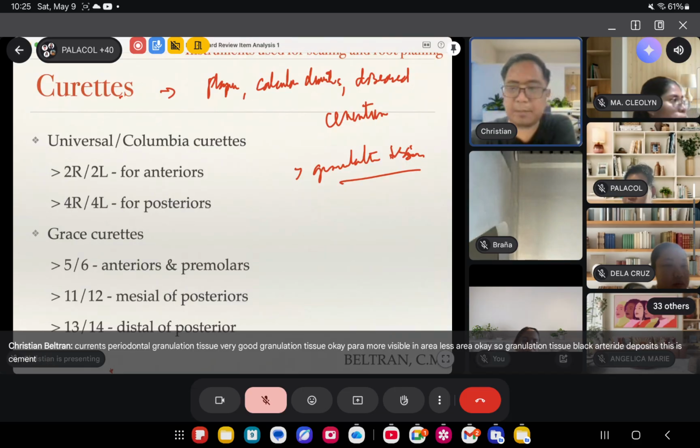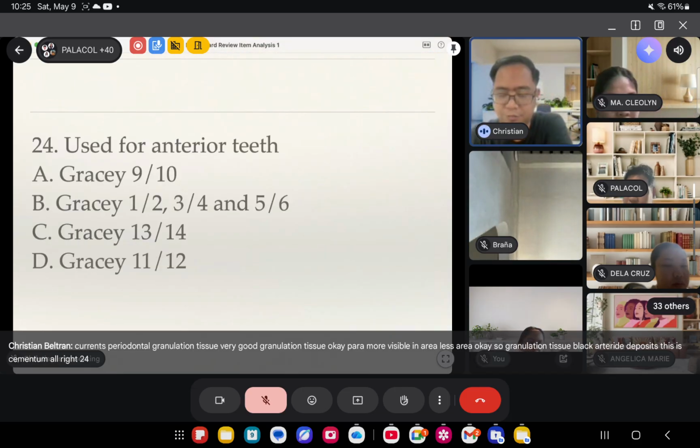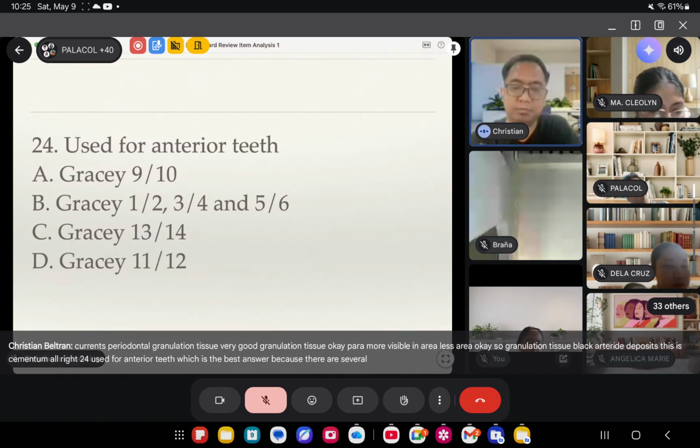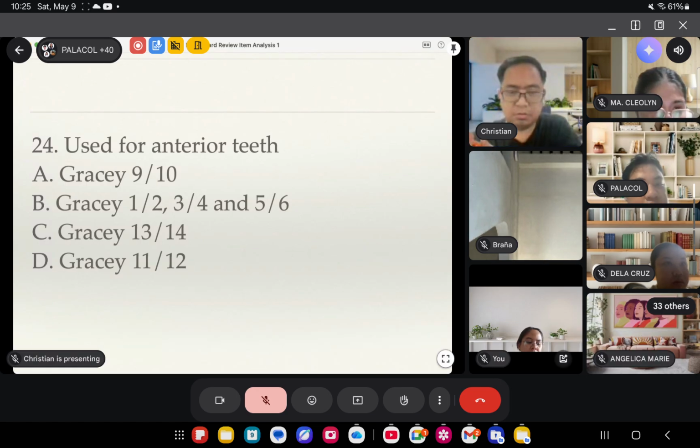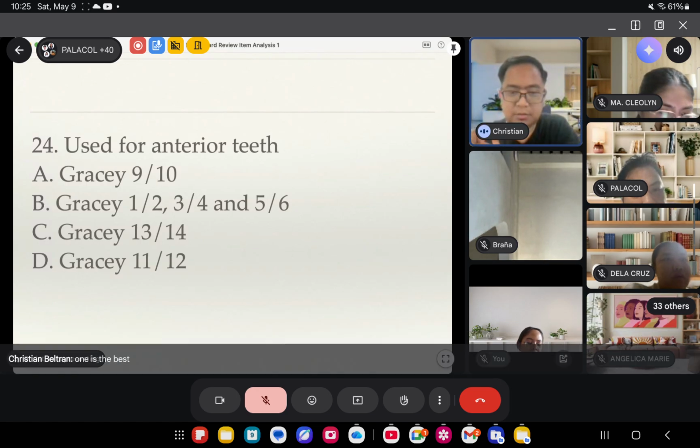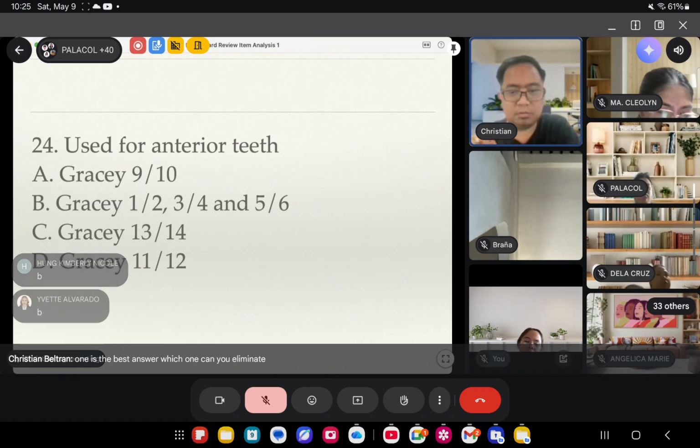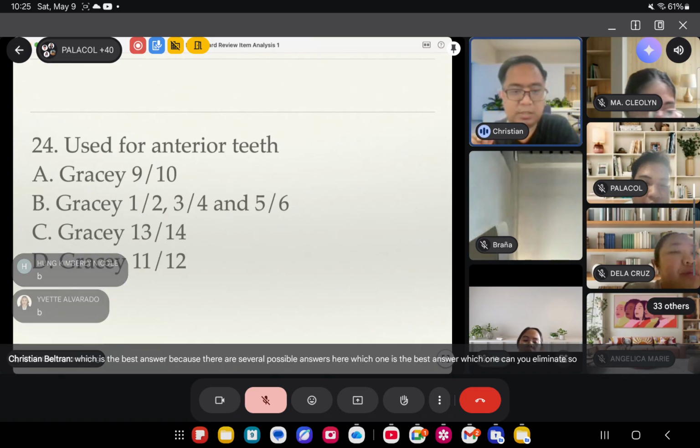All right. 24. Used for anterior teeth. Choose the best answer because there are several possible answers here. Which one is the best answer? Which one can be eliminated?